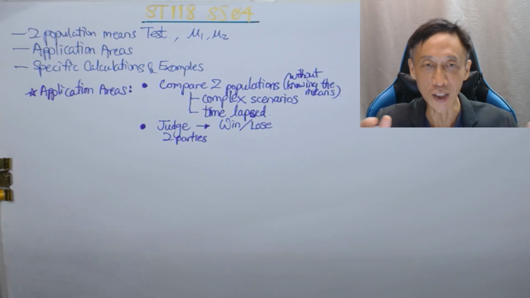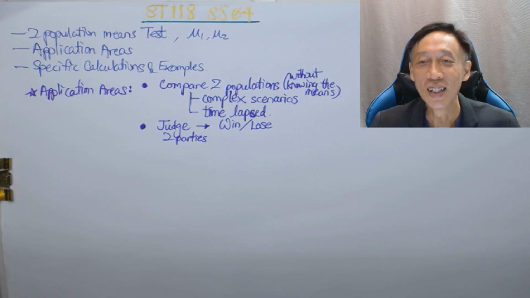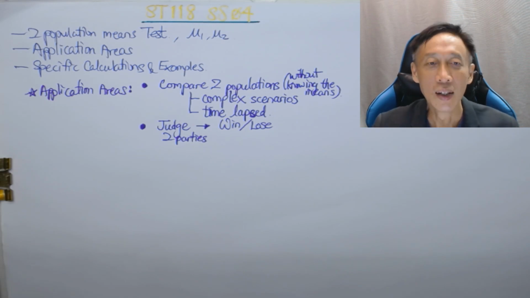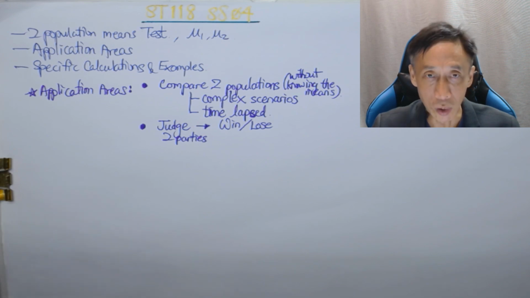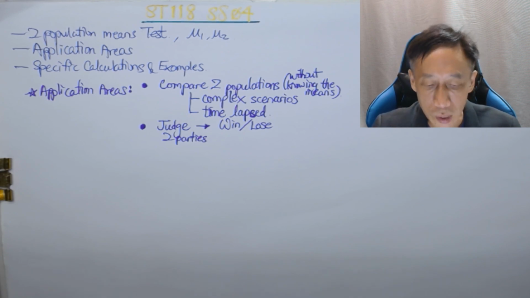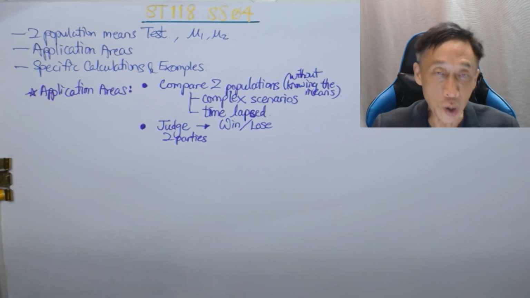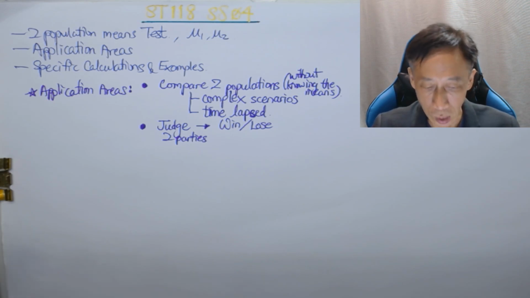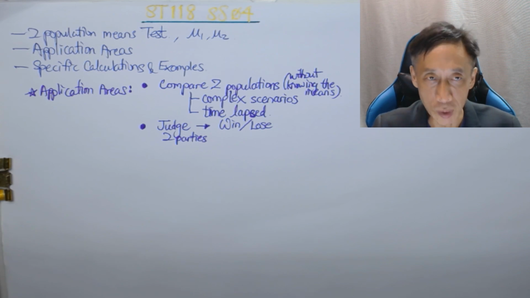Okay, today we have invited both of you here to sign this job competition agreement, so that within the next 10 days the one who sells more wins. So who can deliver more sales? So sales will be the measure that we use to decide who wins, who loses, right? So that's the situation that might give rise to the need for a two population means test.